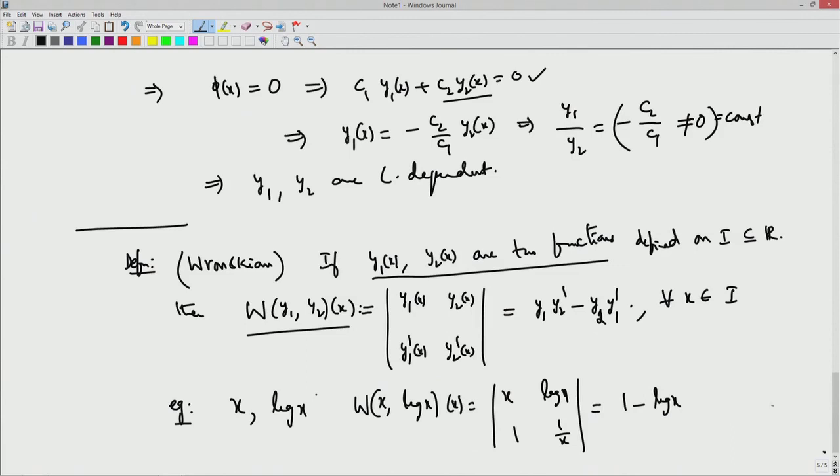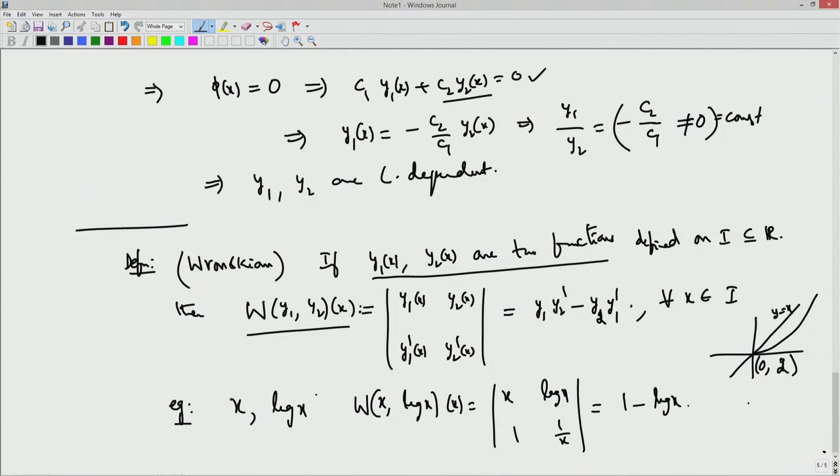If you actually plot y equal to x, and y equal to log x, which is some other curve that goes like this, defined only on an open interval, say 0 to 2, you see that these two functions are clearly linearly independent, but they are not the solutions of any differential equation, right?